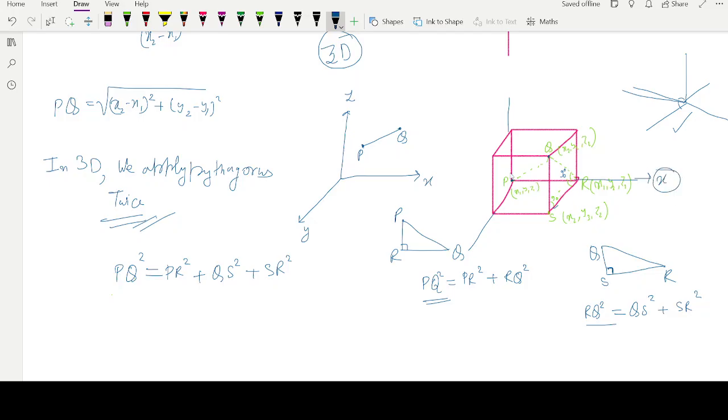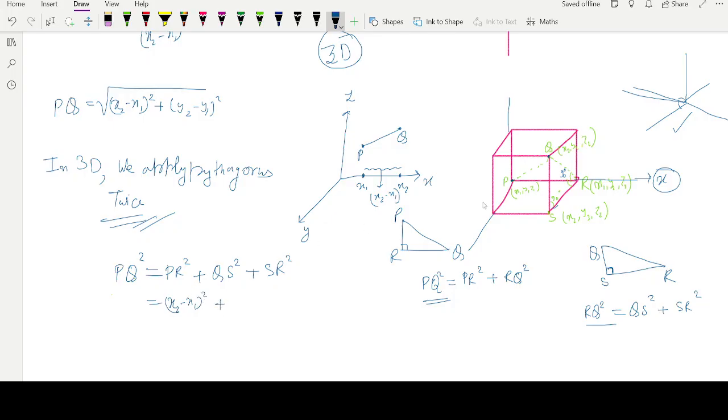So if there are 2 points on the x-axis, say x1 and x2, what is the distance between them? This is x2 minus x1. Simple, x2 minus x1. For x square we take x2 minus x1 whole square for PR.